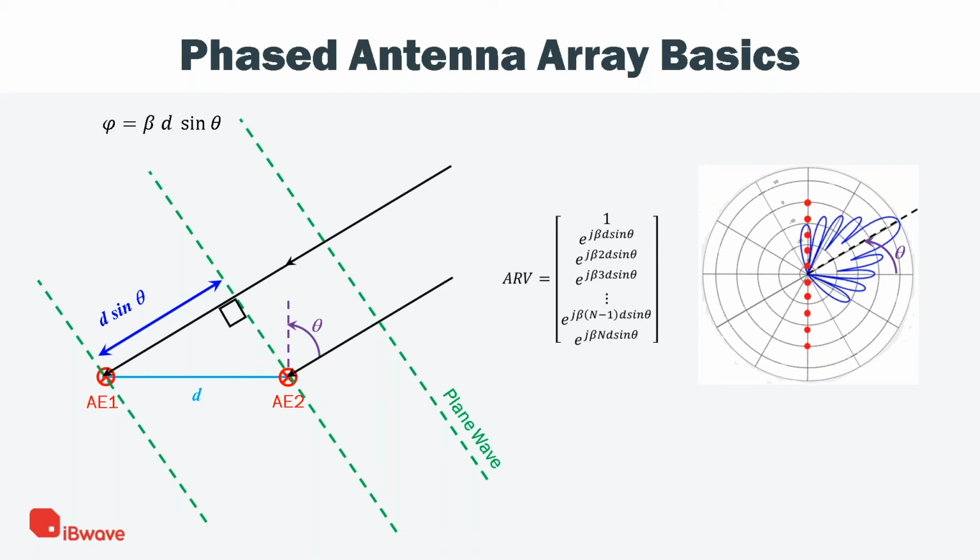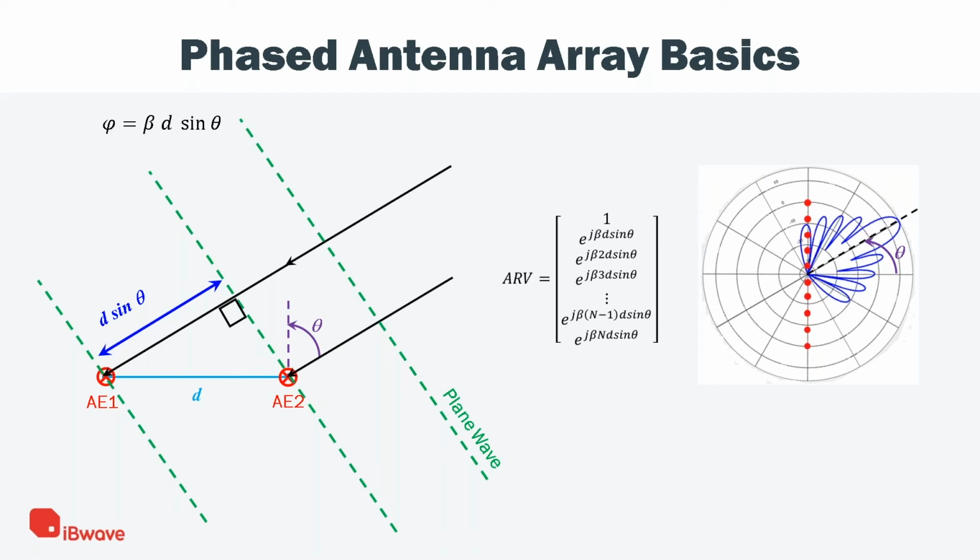So this principle applies to the received plane wave, but we know that the antenna has reciprocal properties, which means that it can operate the same way as a receiver, or the main characteristics will be applied for the transmission mode. So in transmission mode, if we apply this kind of phase shift to each antenna element, we can create what is called the array response vector or steering vector for all the antenna elements.